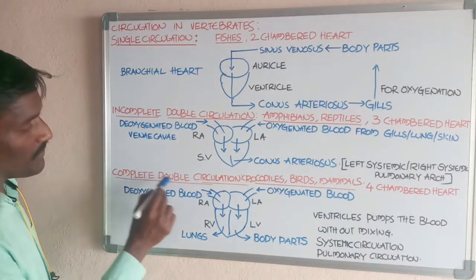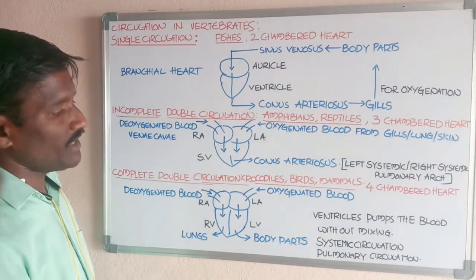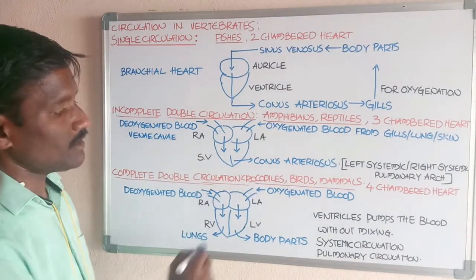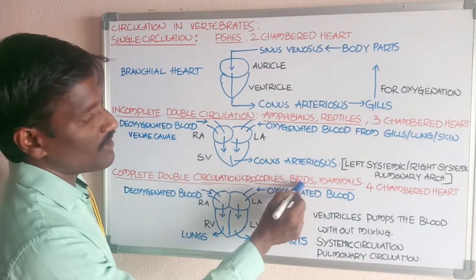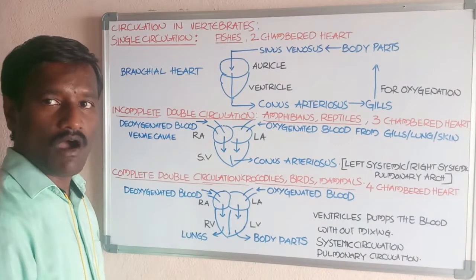Next, complete double circulation. Complete double circulation is present in crocodiles, which belong to the reptiles, and in all birds and mammals, which show a four-chambered heart.